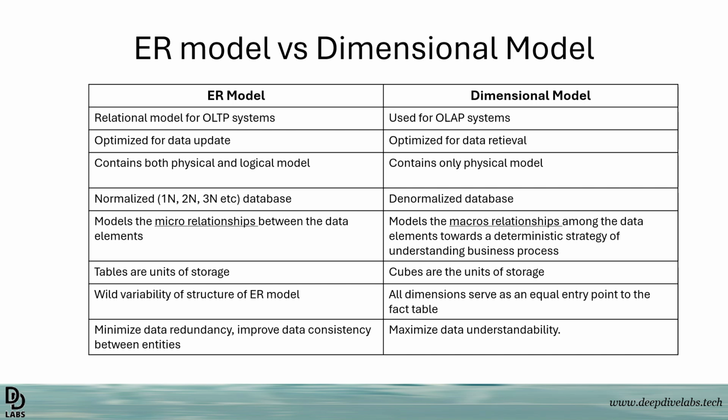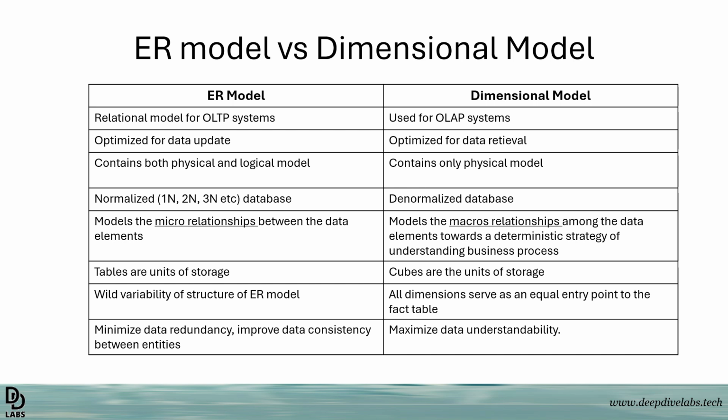One of the very important things to understand, right? Your ER models the micro relationship between the data elements. It's all about the customer journey, in terms of how we make your software as efficient as possible to write data in the way your customer will look at it, right?